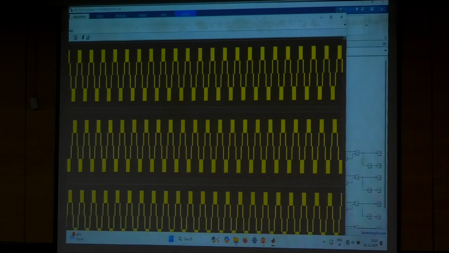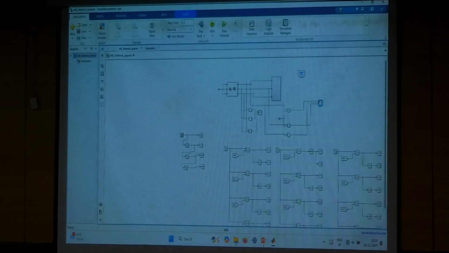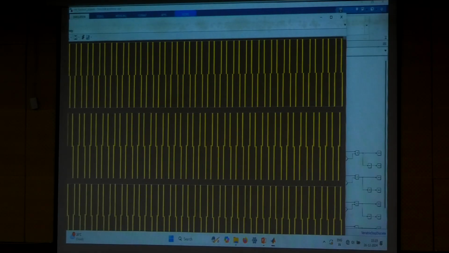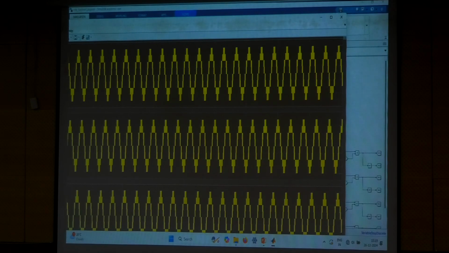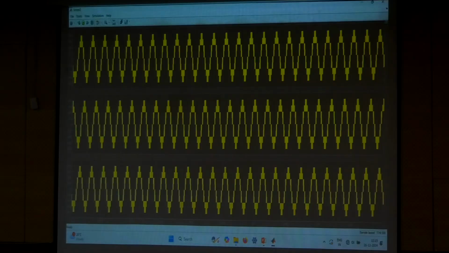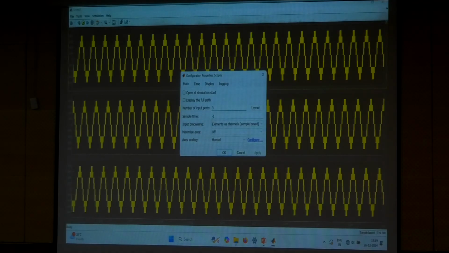You're getting the waveforms, right? And see here, these extra switchings you can also see here, right? Also we can see the harmonic performance. Quickly we'll see.